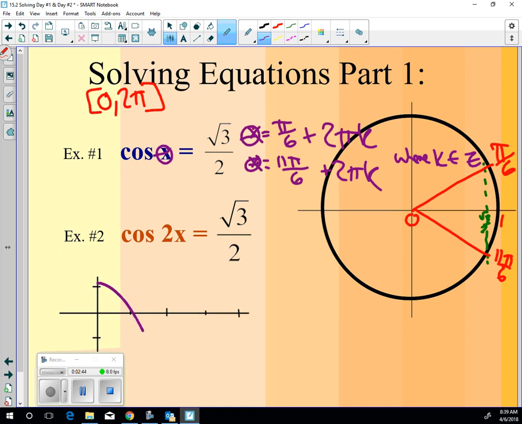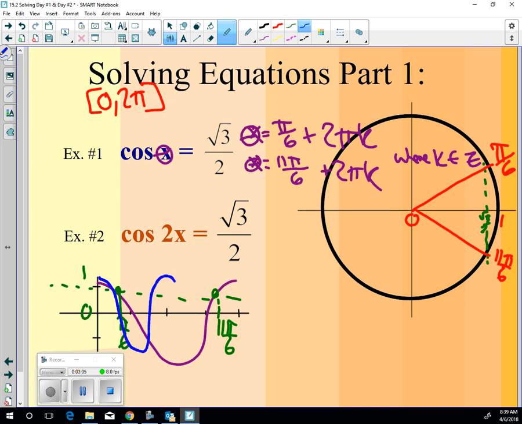Here is the cosine x. This is 1, this is 0. Notice that for square root of 3 over 2, you're going to get two places. One pi over 6. Another 11 pi over 6. That kind of makes sense. But when we do the cosine 2x, what happens is we're going to get how many answers now?